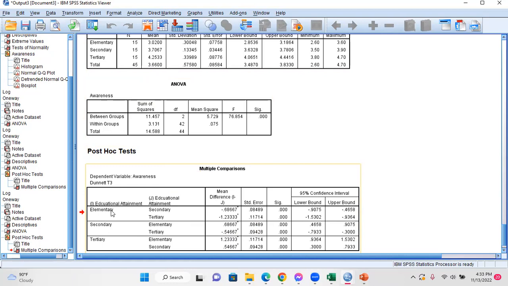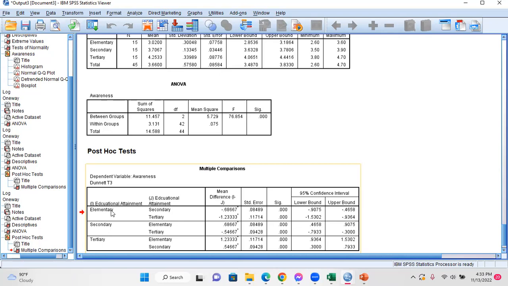Ganyan pag-interpret. Don't worry kasi sa exam or sa exercise, ipakita nyo lang itong post hoc test.